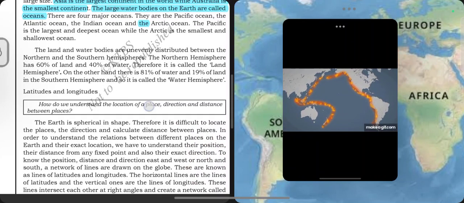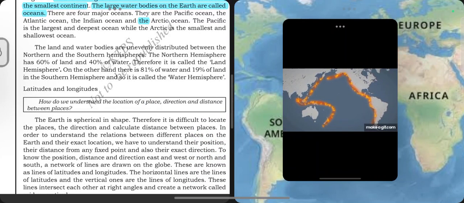In the northern hemisphere, 60% is considered to be land and 40% water, therefore it is called the land hemisphere. On the other hand, there is 81% water and 19% land in the southern hemisphere, so it is called the water hemisphere.